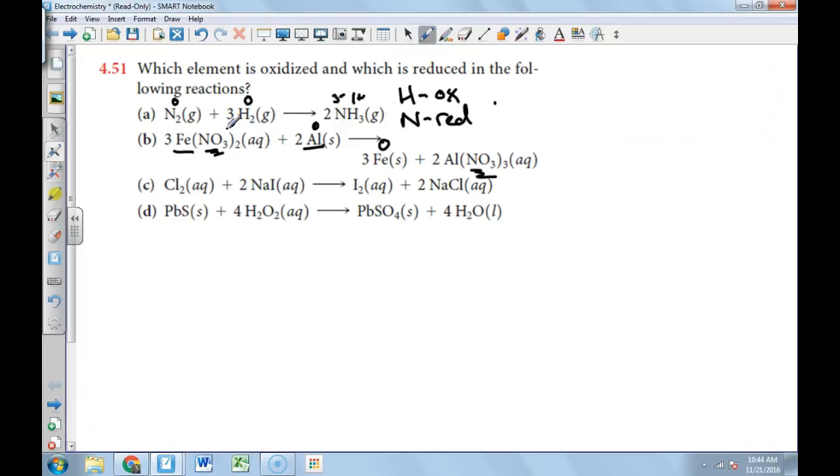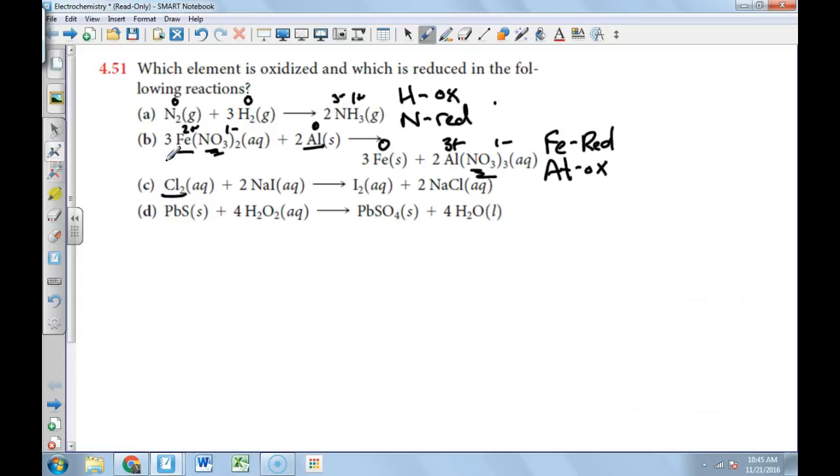Nitrate has a 1- charge, there's 2 of them, so iron is 2+. So iron is going from 2+ to 0. So iron is being reduced, which means that aluminum is what's being oxidized. To complete it, nitrate is minus, so that's 3-, so this is 3+. Going from 0 to 3+ is definitely being oxidized.